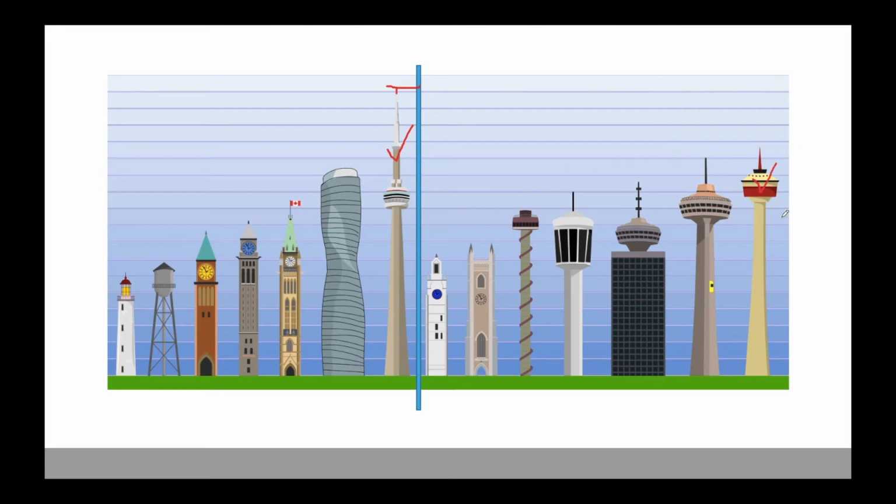Now we look at the next tallest tower on the right and the next tallest tower on the left. Well, the one on the right goes 1, 2, 3, 4, 5. It touches the 5th line. But the one on the left goes 1, 2, 3, 4, 5. It doesn't reach the 5th line. So therefore the one on the right is actually taller than the one on the left. So the one on the right is our 3rd tallest tower.